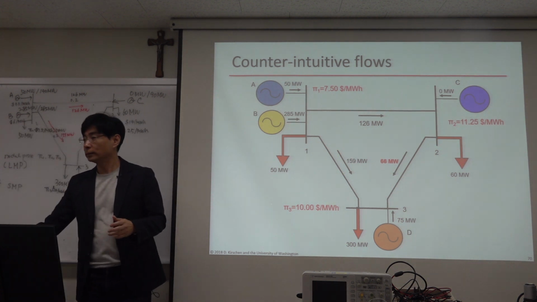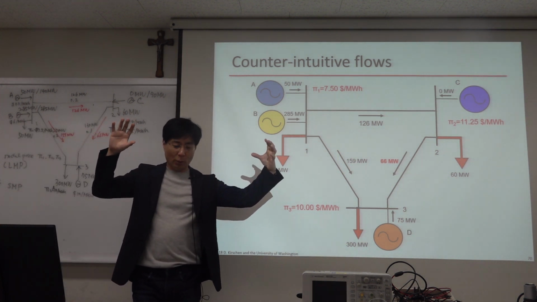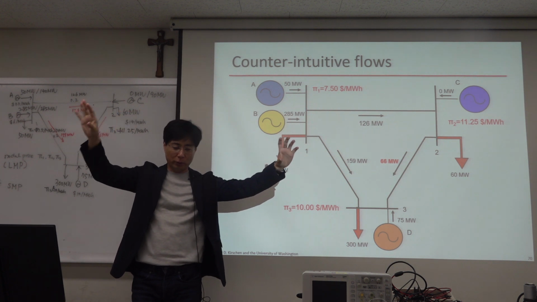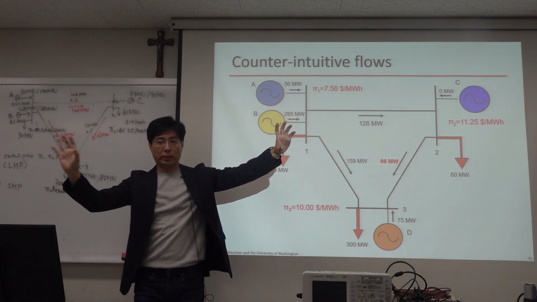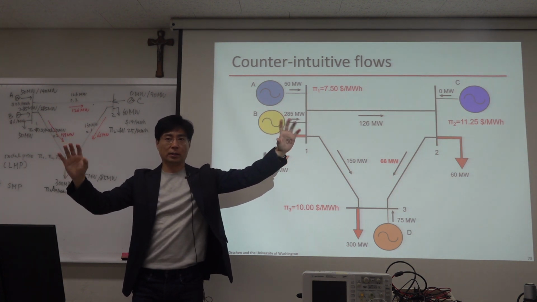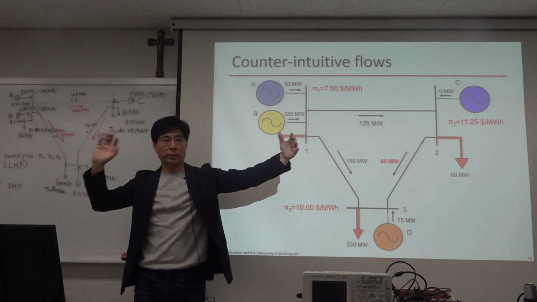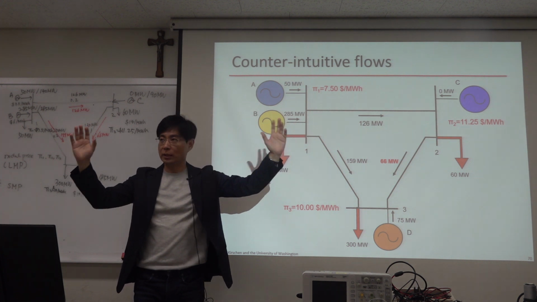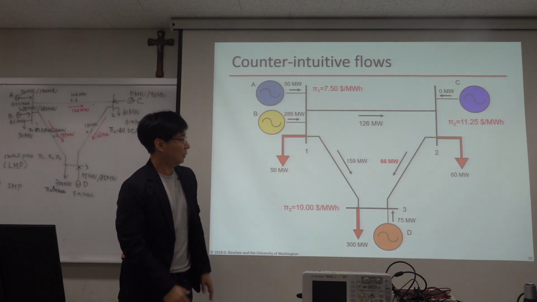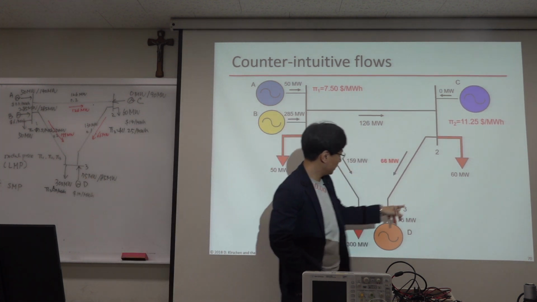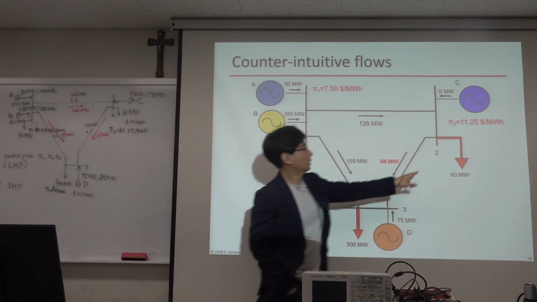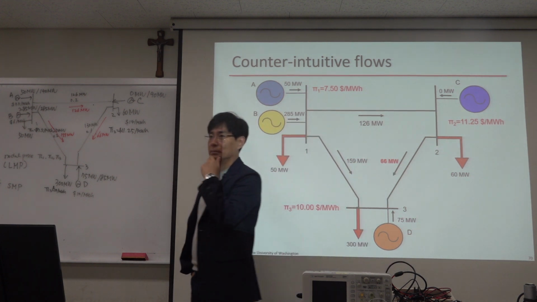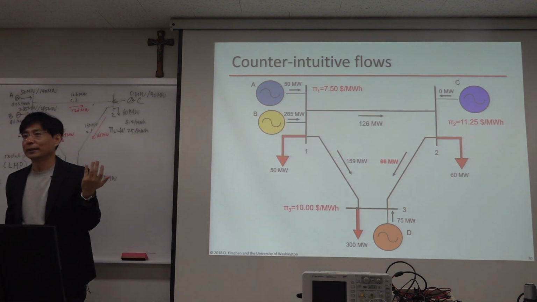Can you remember what happened when we connected two different countries, Bulgaria and Slovenia? The marginal cost here is very low. This is very high. And when they are connected, power flows from here to there. That's natural. But here, power flows from bus 2 to bus 3. Cheaper, more expensive. Why is it?